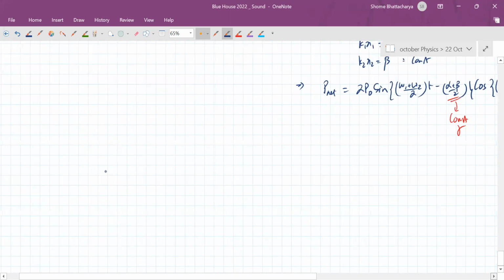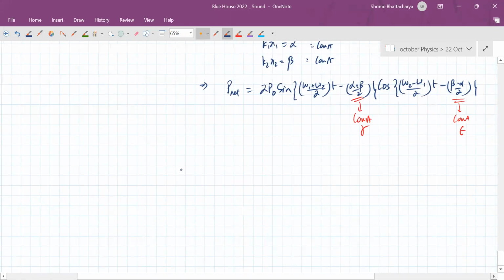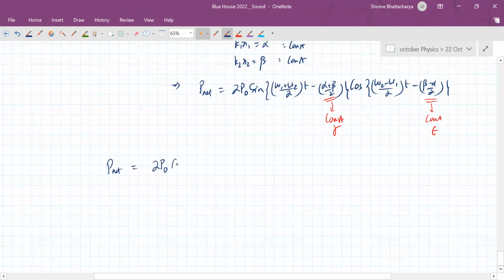The net pressure is 2P naught. Now I'll write these terms in reverse order. Cos of (omega 2 minus omega 1) by 2 into t plus epsilon, into sine of (omega 1 plus omega 2) by 2 into t plus gamma, okay. I mean this whole term I'm writing as minus.